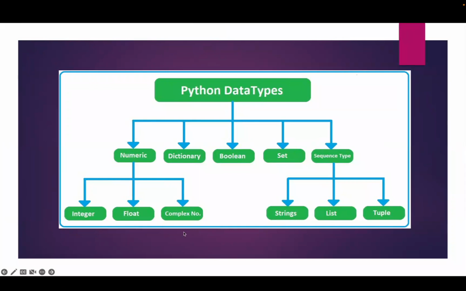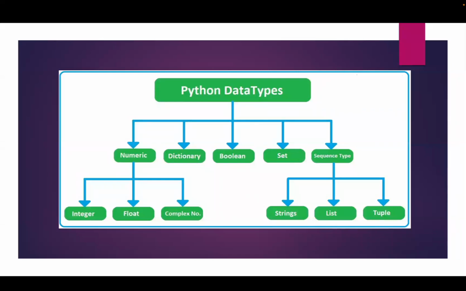Okay, guys. So numeric, man. There are three kinds of data available. One is integers. All of you know 1, 2, 3, 4, 5, minus 1, 2, 3. That kind of data you want to store in an integer variable.